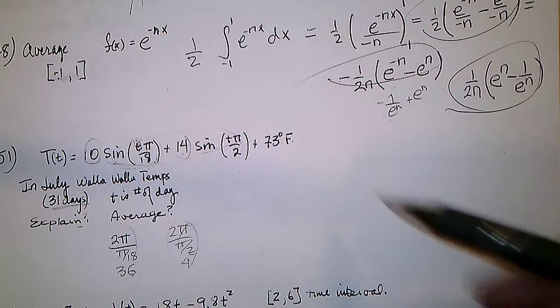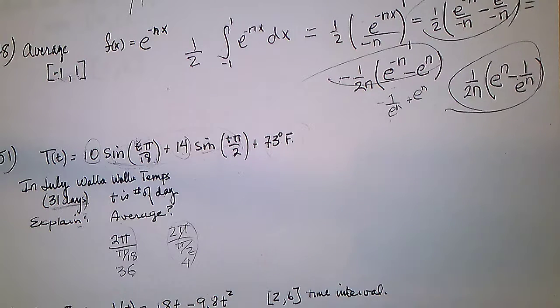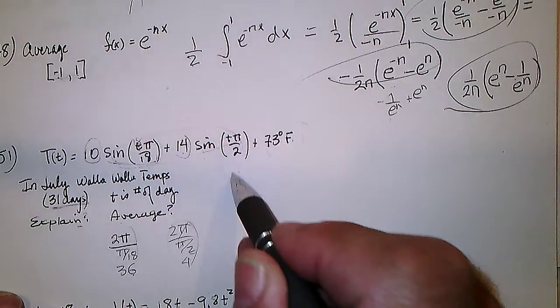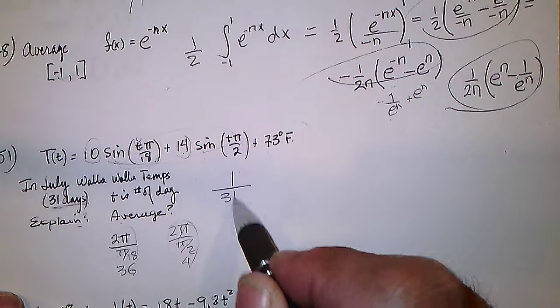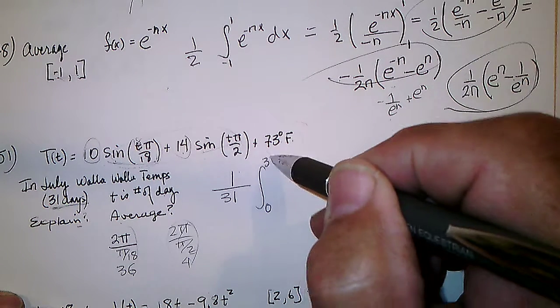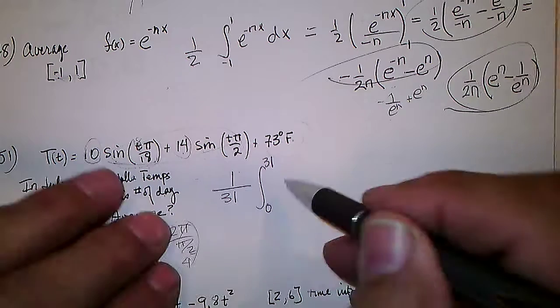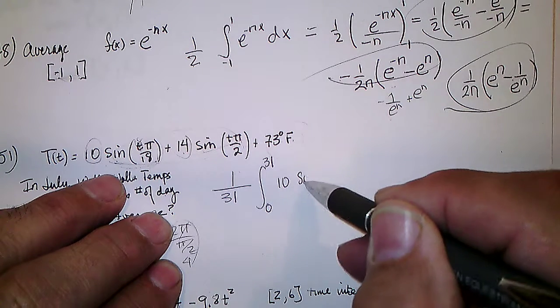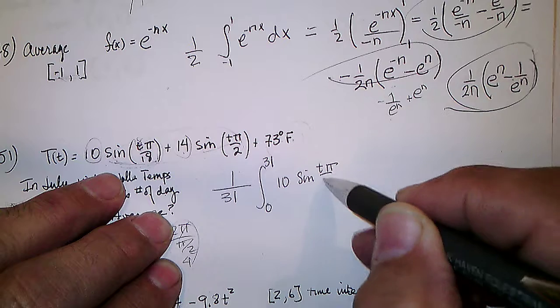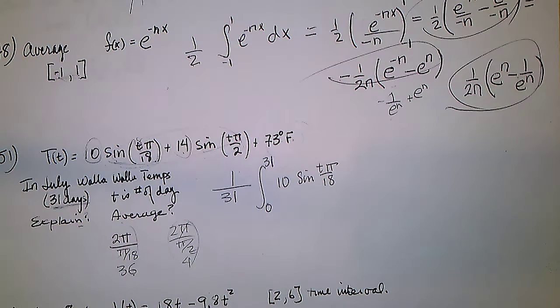It should be somewhere around 73 degrees average. Let's see what we get when we do the average. 31 days, so 1 over 31 is our period. Integral from 0 to 31 of 10 sine t pi over 18, if I haven't copied this incorrectly.